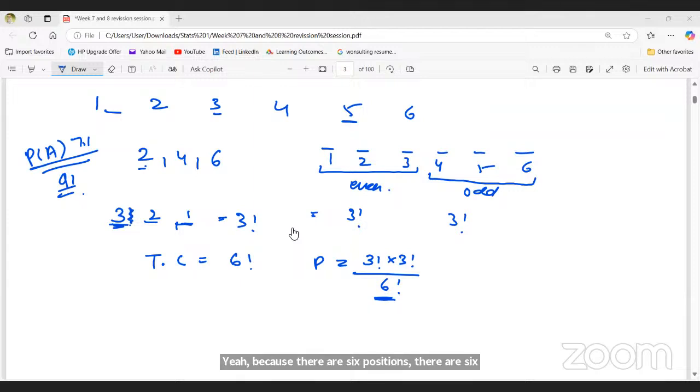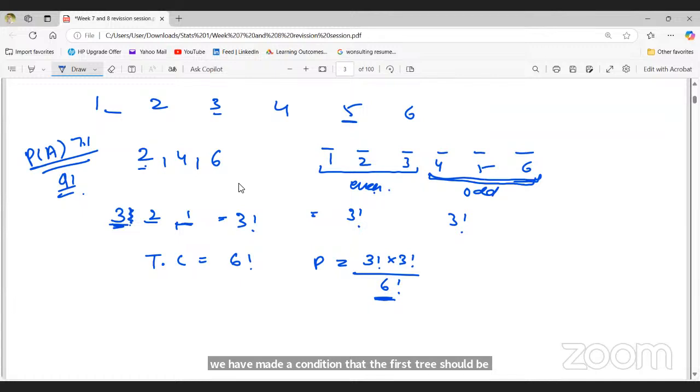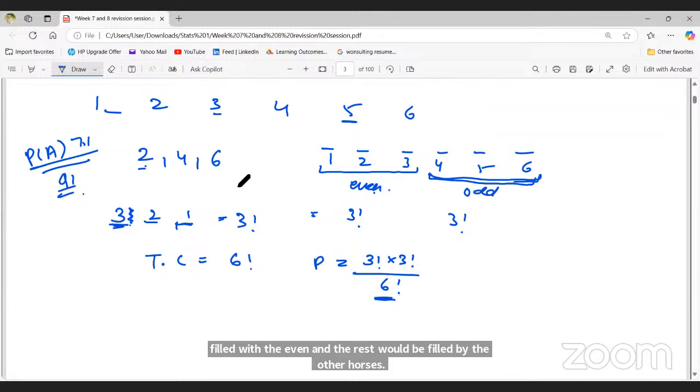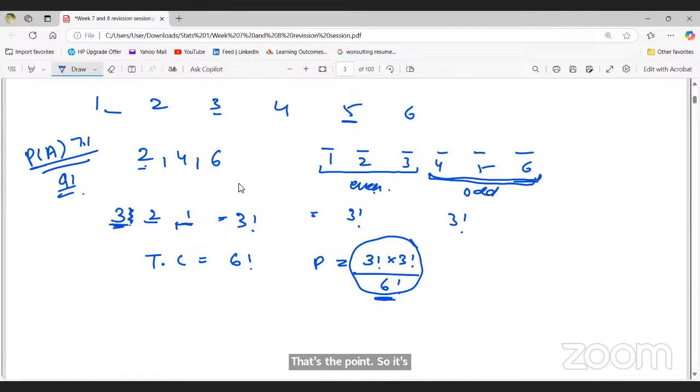We have made a condition that the first 3 should be filled with the even numbered horses and the rest would be filled by the other horses. That's the point. Fine?